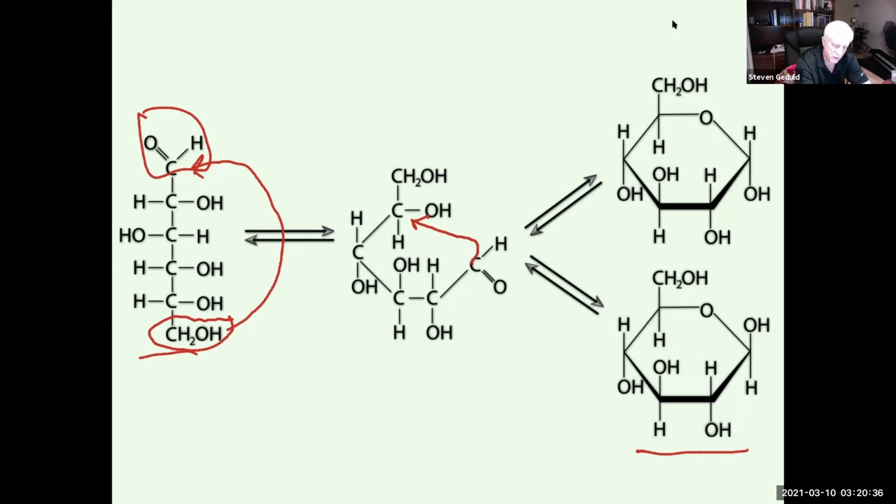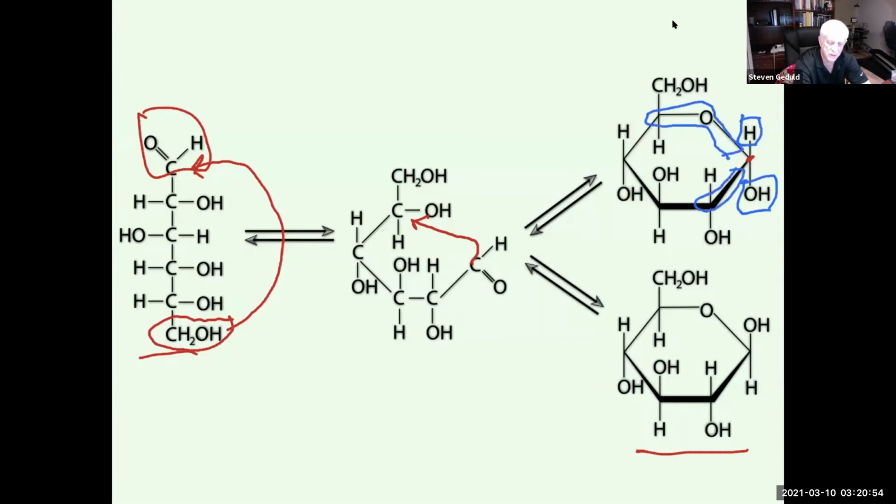This is where the carbonyl carbon was, right here. There's your carbonyl carbon. So attached to that carbon, we have an H, an OH, an OR, and an R group.